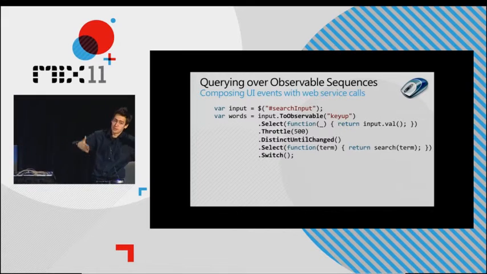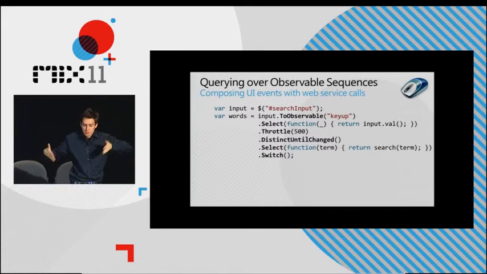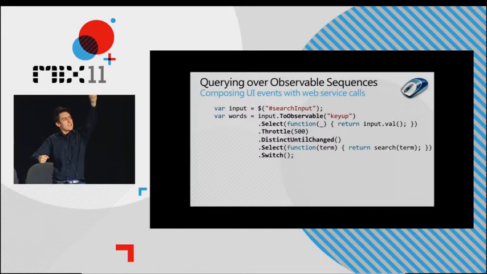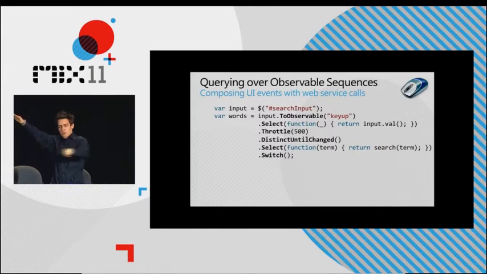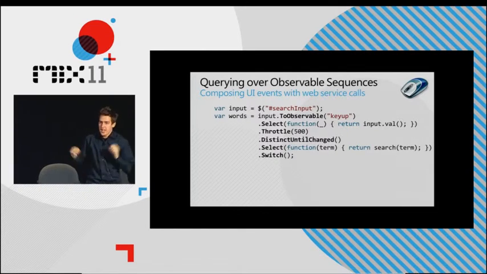Typically, one will complete before the other, but because it's networking, you never know which one will come back. Now, how do I basically jump from the first inner observable when a new one comes in for the next term that the user is searching for to the second one? You basically want to jump to the next step in the staircase, and that's what switch does. It takes an observable of inner observables, and it basically walks the staircase, just taking the last observable. So switch basically says, hey, there is an inner observable.